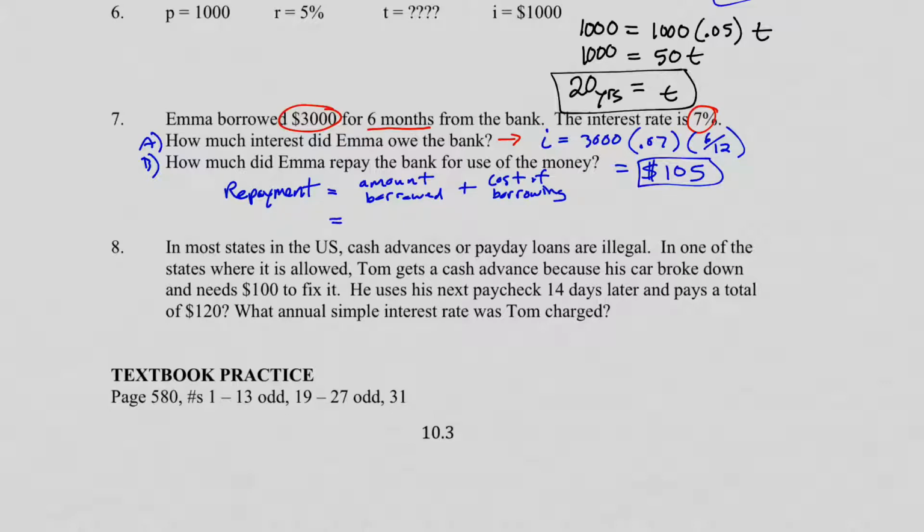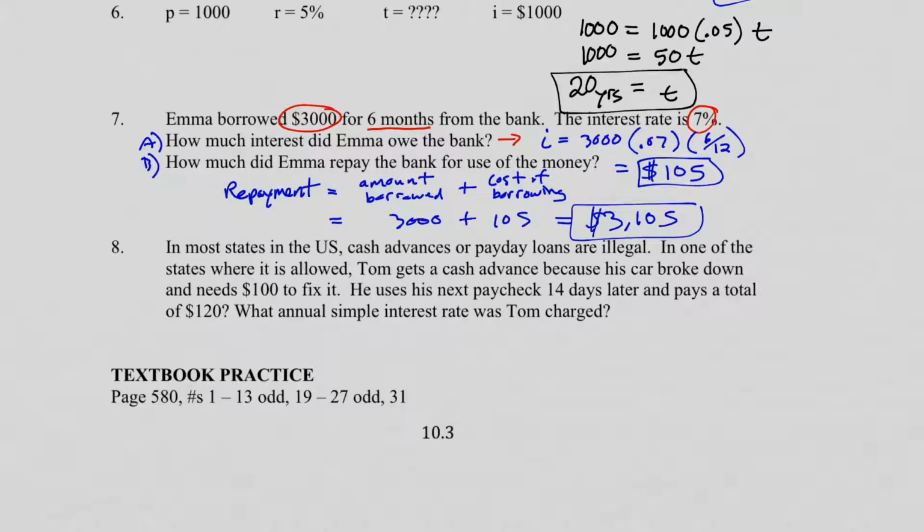Okay, so basically she borrowed $3,000, she was charged $105, so that's $3,105 total repayment. Okay, let's take a look at number 8.